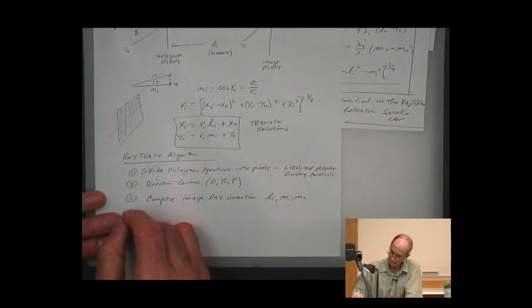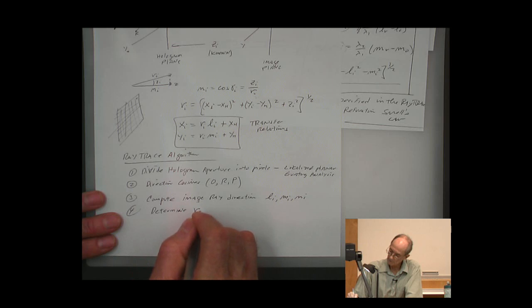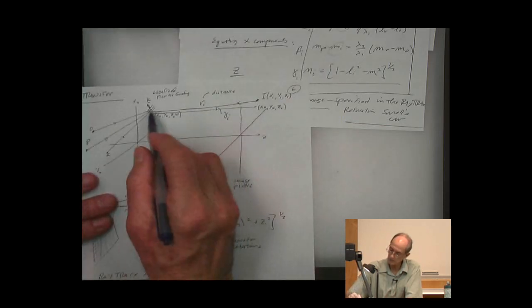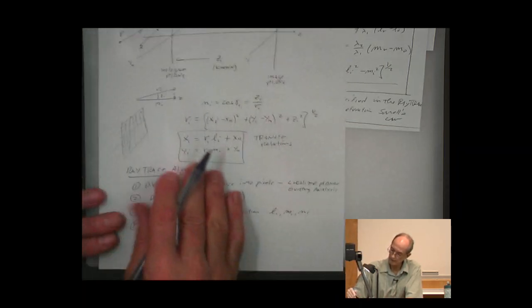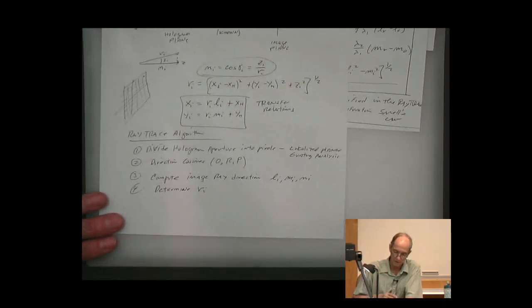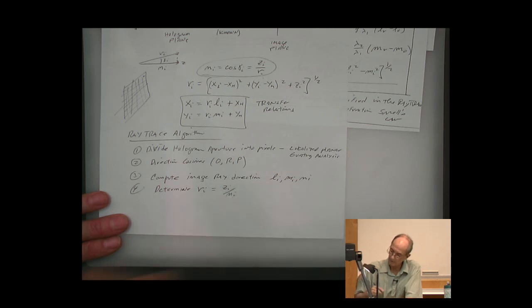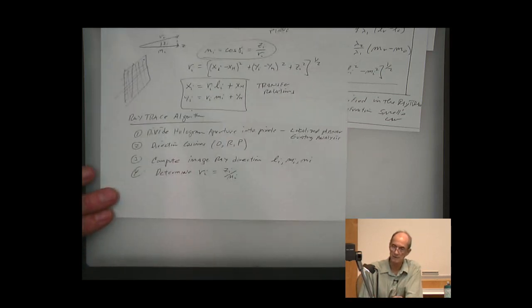And then the next step is to determine this Ri, which is this distance here, which we get from that kind of definition almost. So we have Ri, again, this is equal to Zi over Ni, that n direction cosine relative to the z-axis.